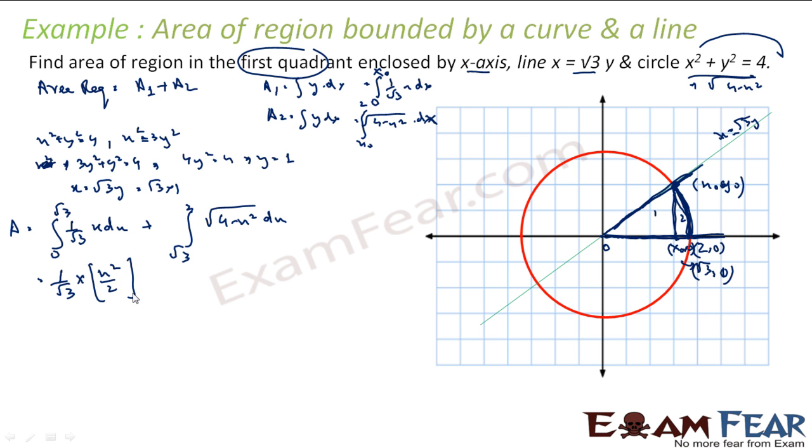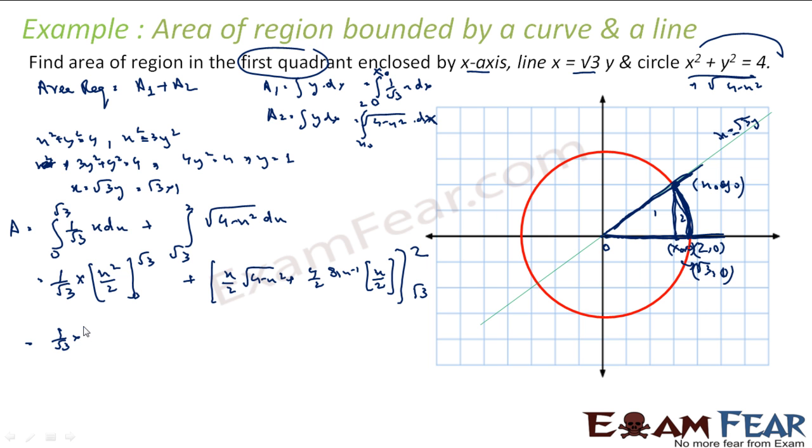This becomes x square by 2 from 0 to root 3 plus this becomes 4 minus x square, integration becomes x by 2 root 4 minus x square plus 4 by 2 sine inverse x by 2, and here this varies from root 3 to 2.